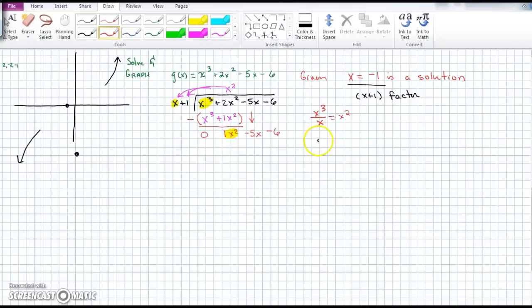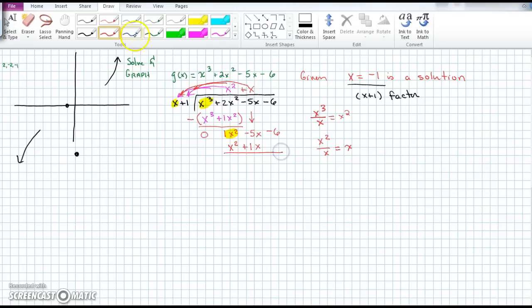So I'm really asking myself, what's x squared divided by x? Well, that's x. So that's what I will have my next term in my division be, a positive x. And I'll multiply this times each term. X times x is x squared. X times 1 is 1x, and that was a positive 1x.